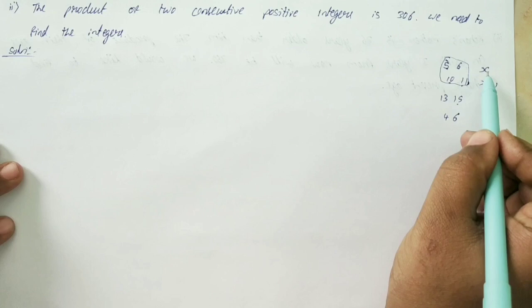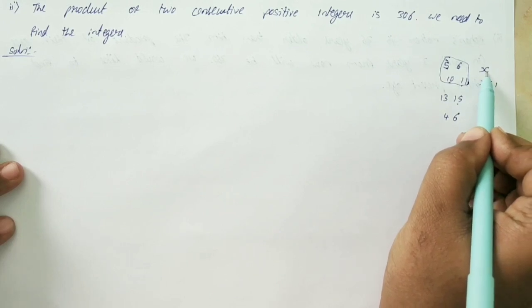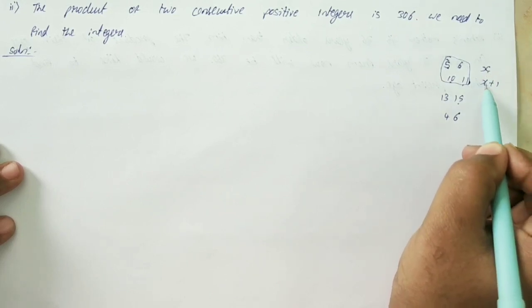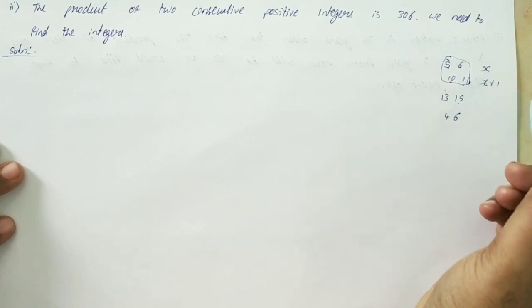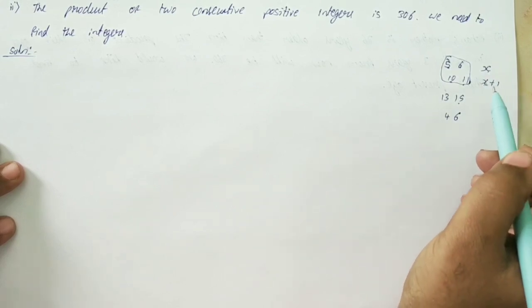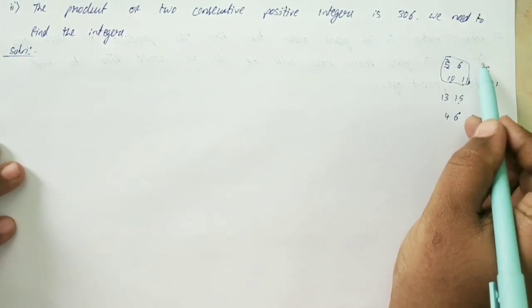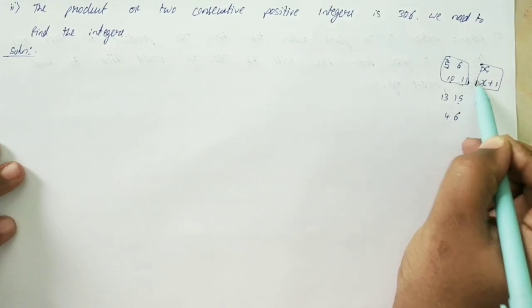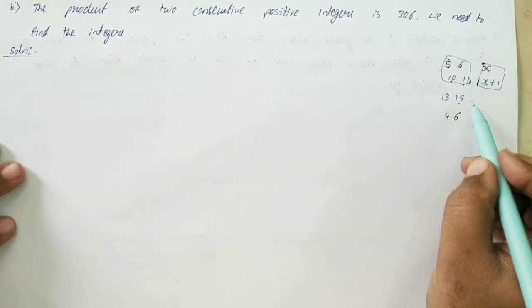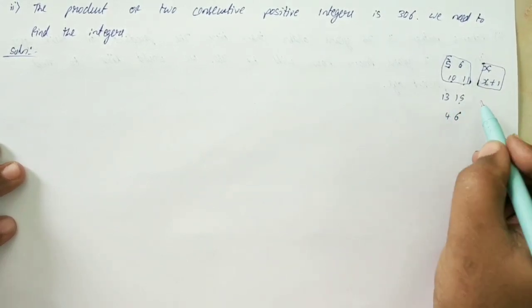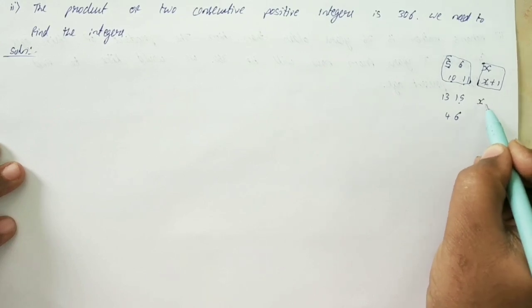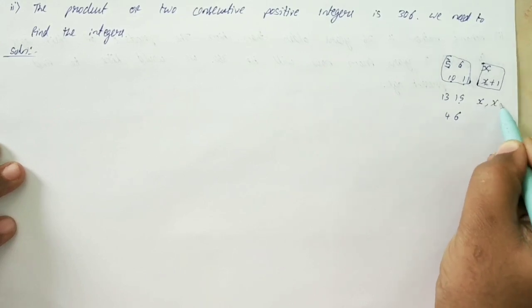Like that, if I take x as a consecutive integer, then the next number will be x plus 1. This is about consecutive integers. Then what about consecutive odd numbers? If I take x as a consecutive odd number, then the next odd number will be x plus 2.